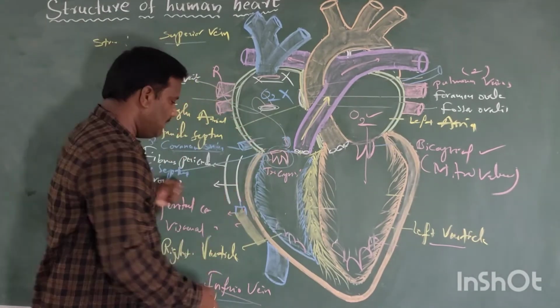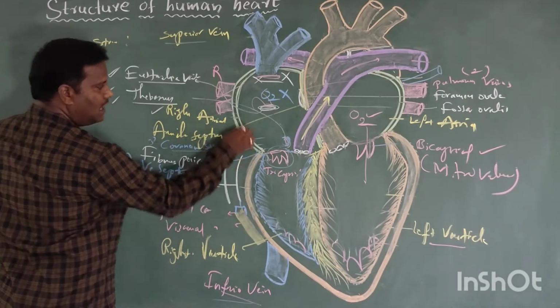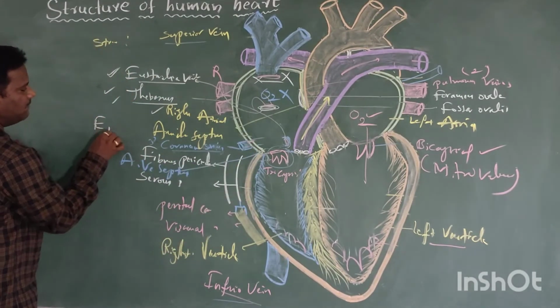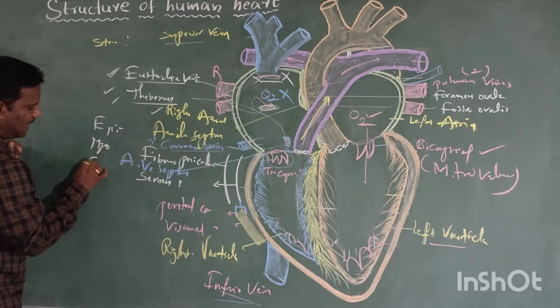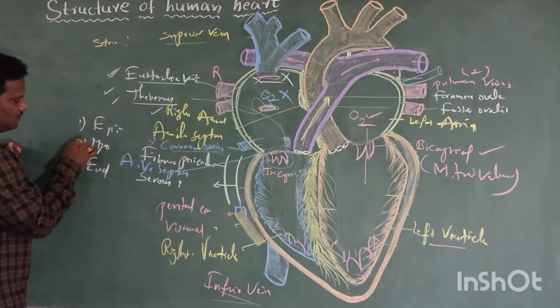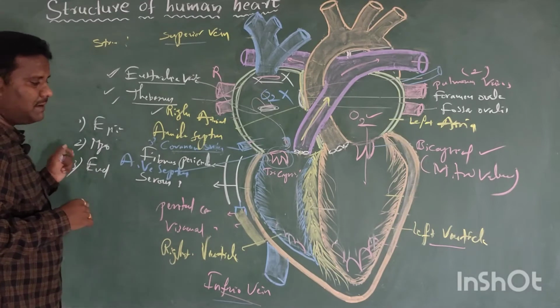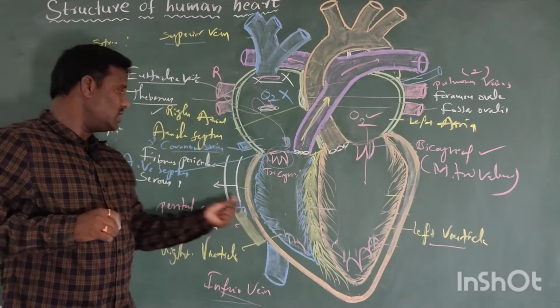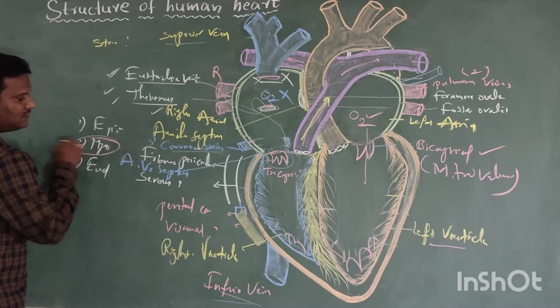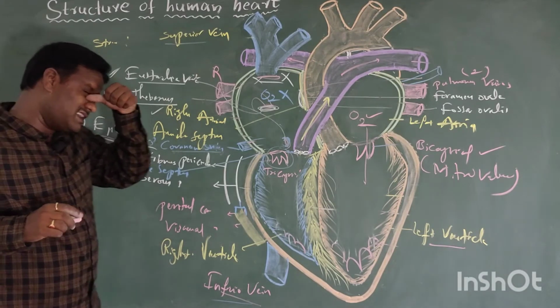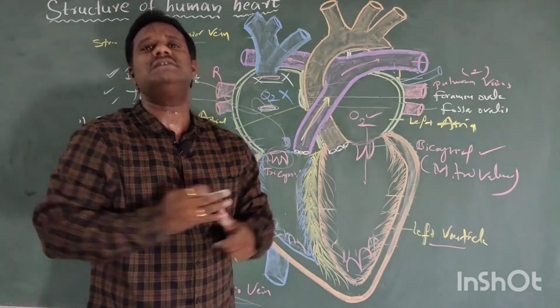One is the epicardium, in both atrium and ventricle. The epicardium is present, and the myocardium, and the endocardium. One, two, three: three layers are present in the heart chambers. Within these, the myocardium consists of cardiac muscles.